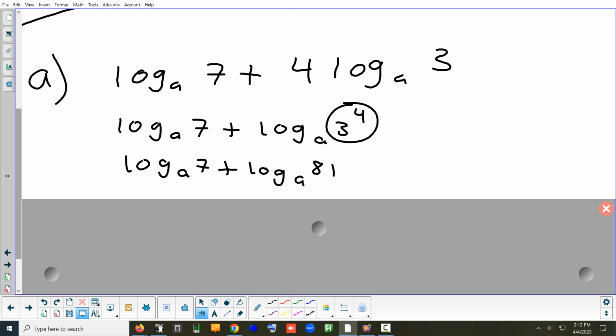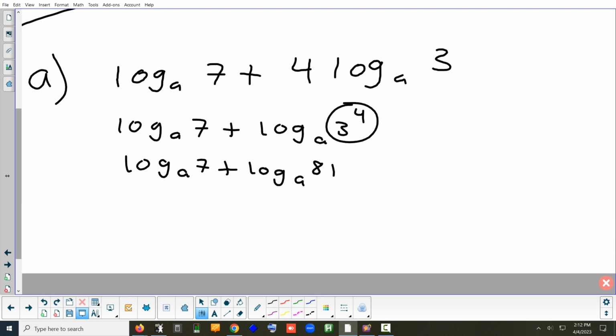Now we're at the step where we want to combine this all into a single log. When I write it as a single log, what is going to be my base? A. It's the same as the base that we've had the whole time. And now we had plus.